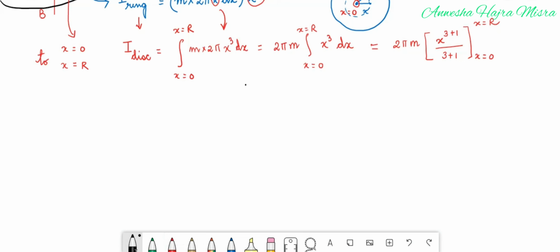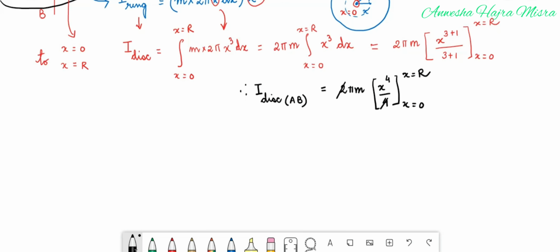Therefore, the moment of inertia of the disk about the axis AB, which is perpendicular to the plane of the disk, is 2 pi m x to the power 4 by 4 from x equal to 0 to x equal to r.